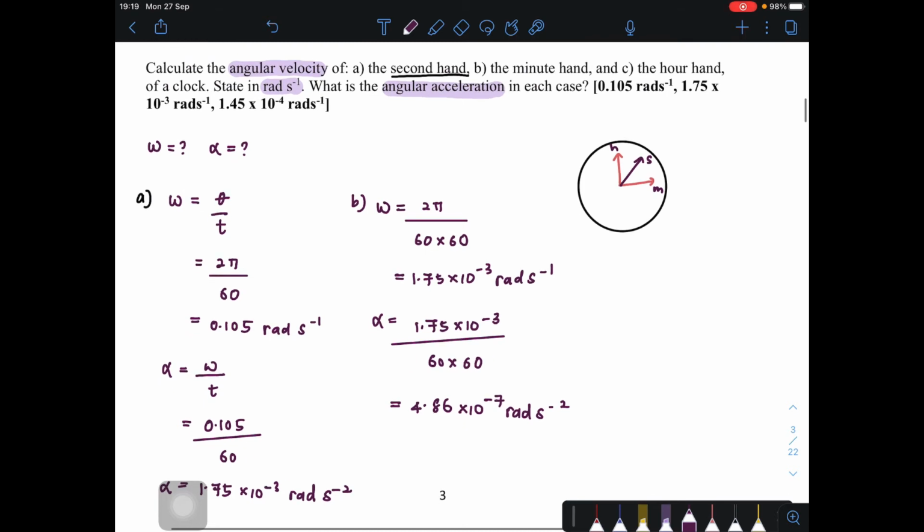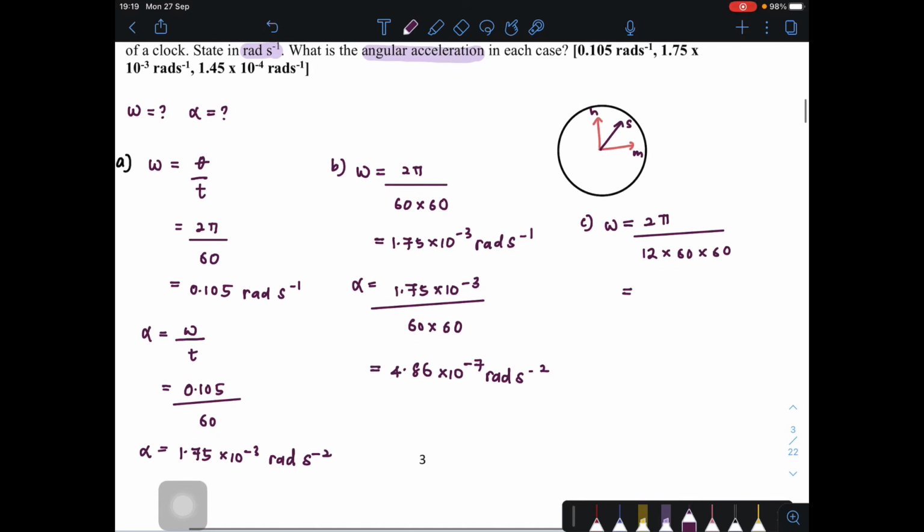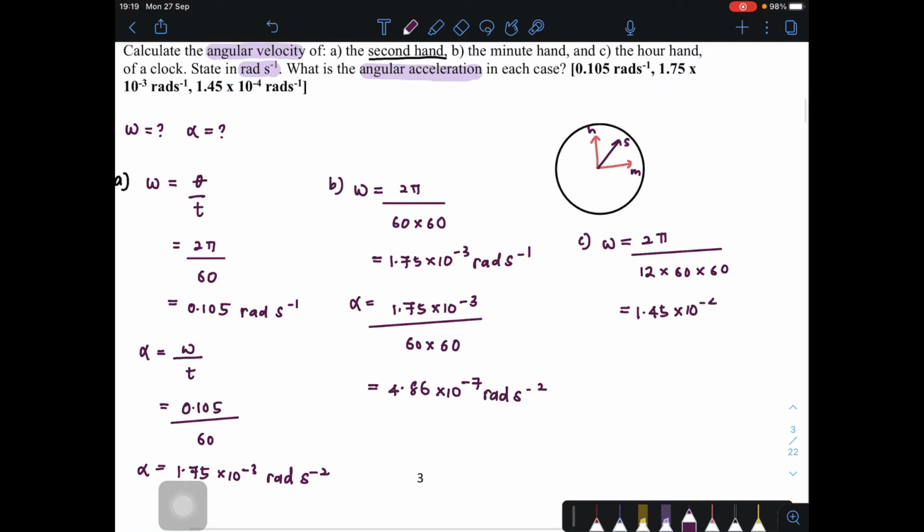And then last one is for the hour hand. So hour hand, one complete cycle for the hour. Okay, kita akan dapat 12 jam. So 12 jam, you need to convert to second times 60 times 60, and then you will get 1.45 exponent negative 4 radian per second.